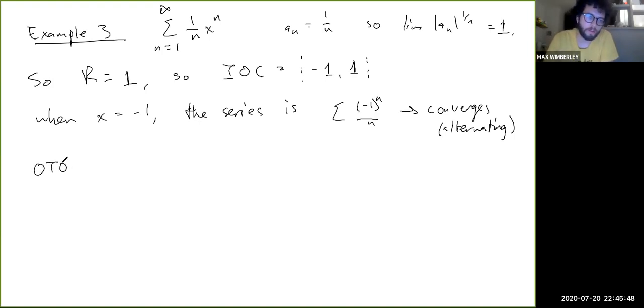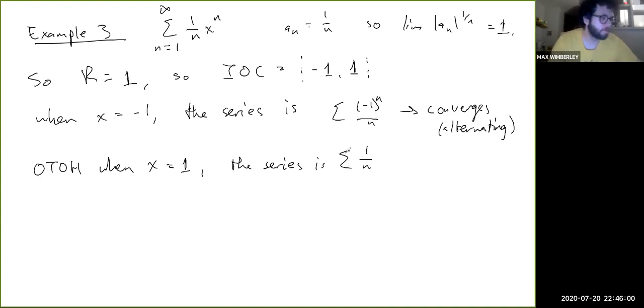critical properties for it to converge as an alternating series, right? On the other hand, when x is 1, the series is just the sum of 1 over n, which is divergent. That's the harmonic series.